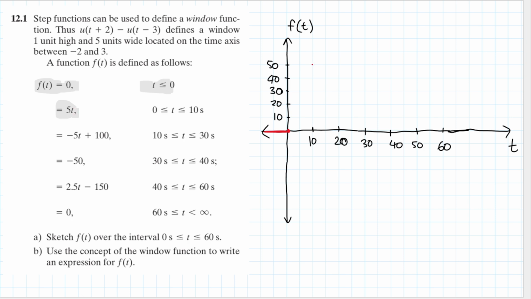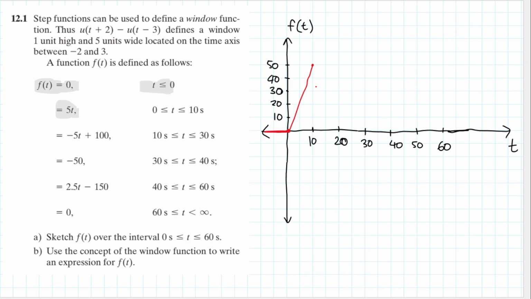So we will have this point here, and from 0 to here is just a line. So let's draw the line here like this. Yeah, I think that's good enough.